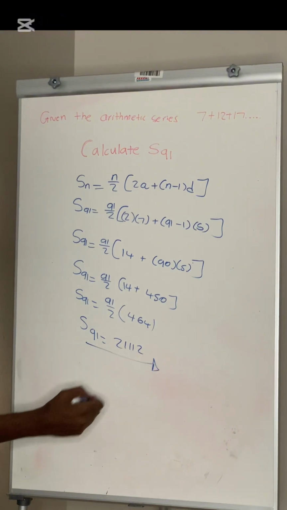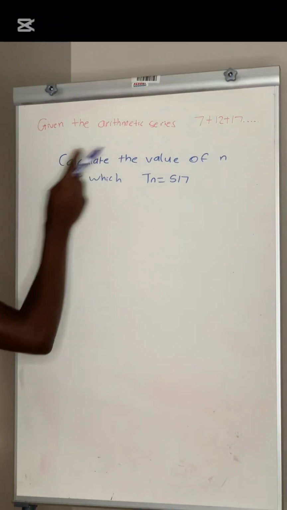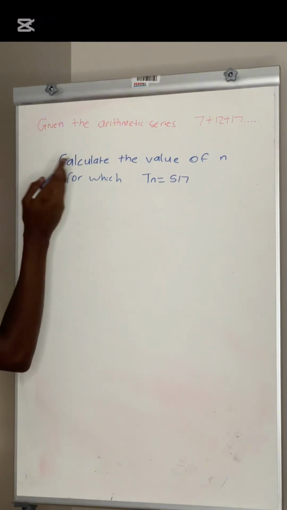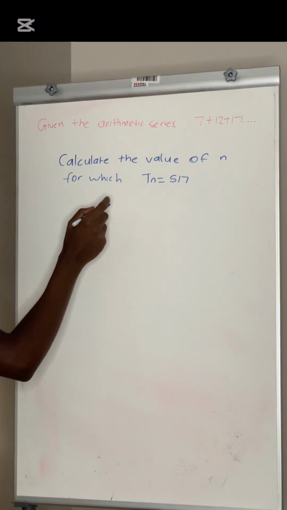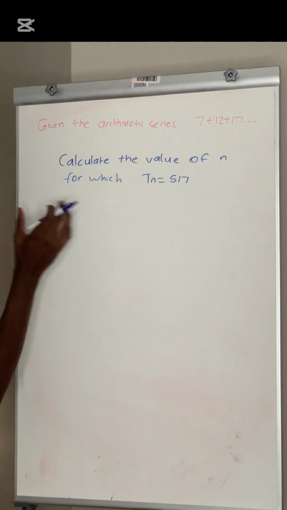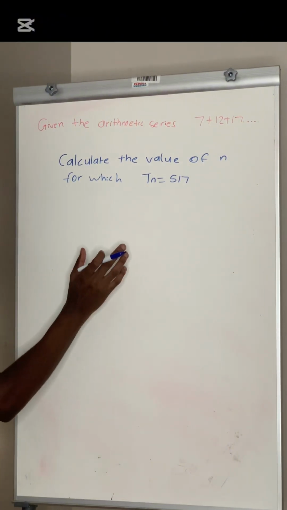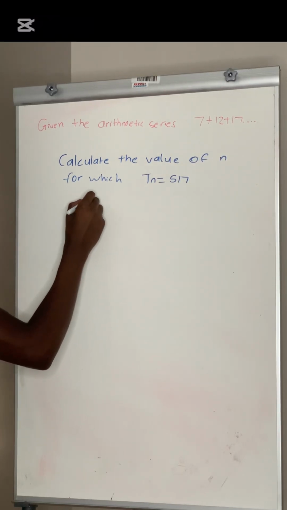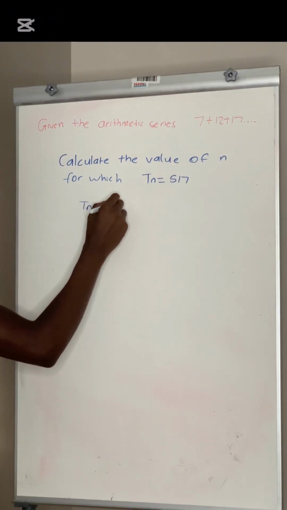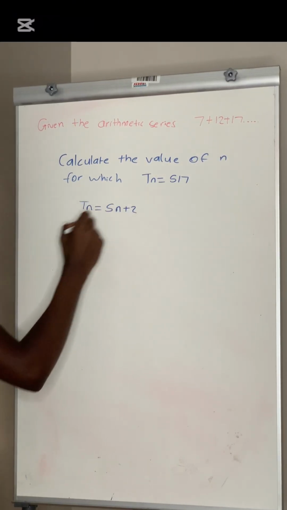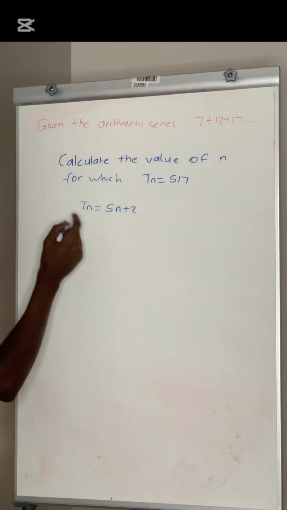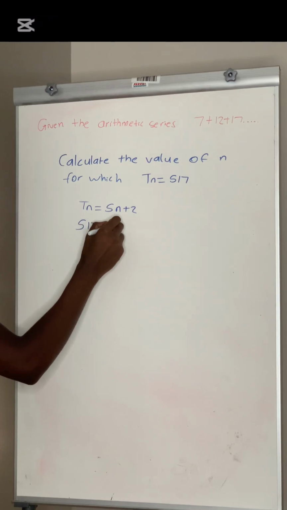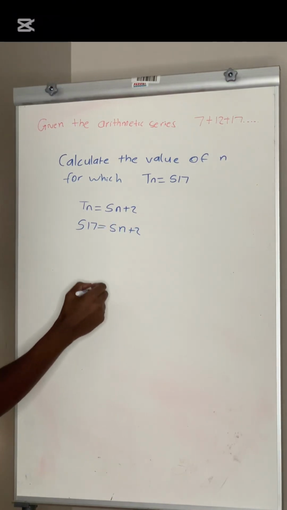And then you're done. Again, given the arithmetic sequence, we're asked to calculate the value of n for which Tn is equal to 517. So now it's a bit different. We're looking for the position of this value in this arithmetic sequence. Our formula said Tn is equal to 5n plus 2, from the previous question. And we're looking for n, so 517 is equal to 5n plus 2.